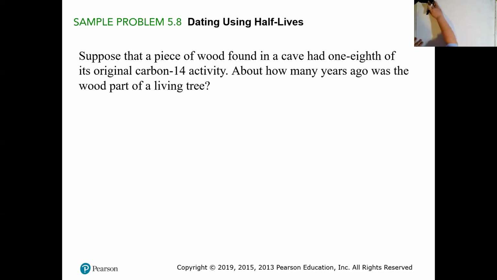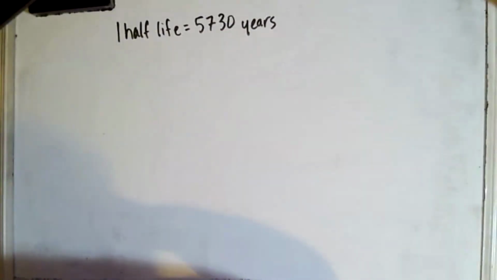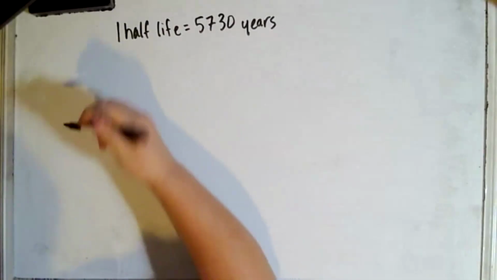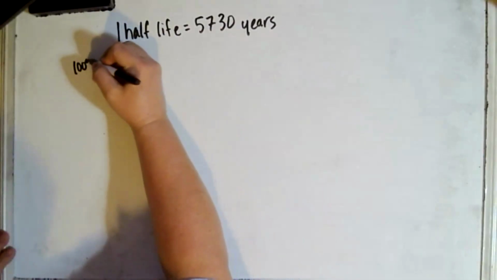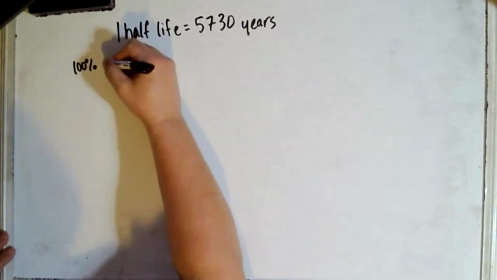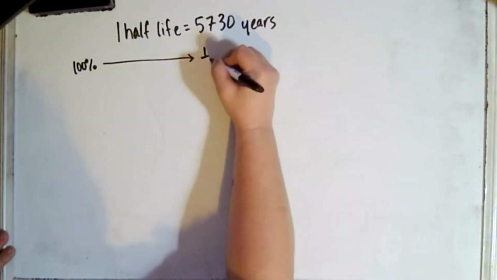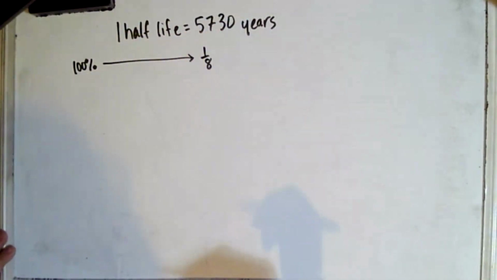We're still looking at carbon-14 activity here. So the half-life of the carbon-14 is still going to be 5,730 years. Okay. And we're trying to go from our original sample, which has 100% of carbon-14, down to 1/8 of that.